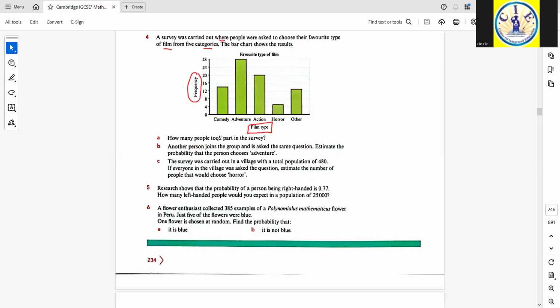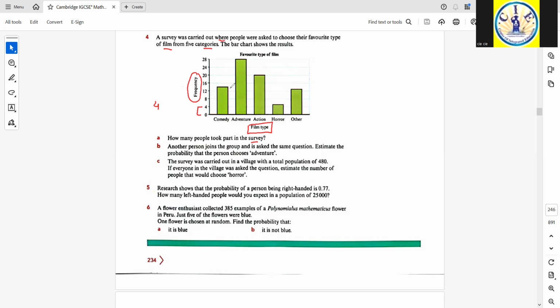Okay. How many people took part in the survey? For this, we can see that this bar is between 12 and 16. Let me tell you that this is a division that contains 4 divisions in it.